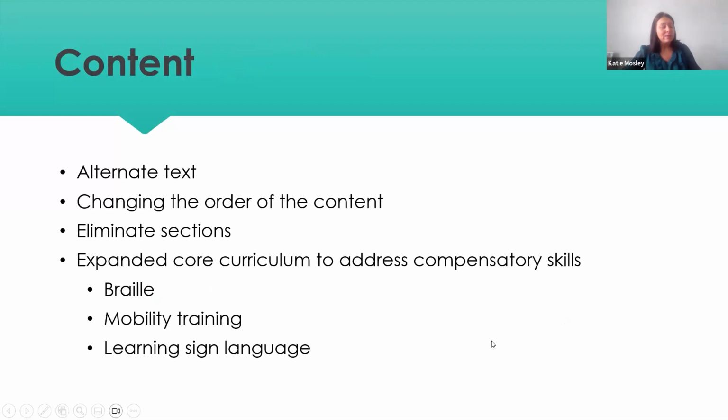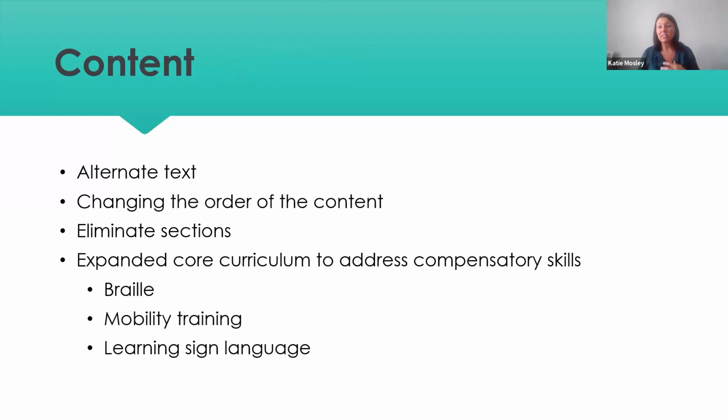So just some examples, and there are a lot of different places where you can find more specific examples for content, but something like an alternate text. So we could look at changing the order of the content, like we said earlier, but also we could look at eliminating sections.